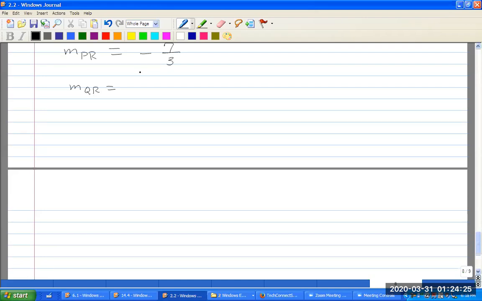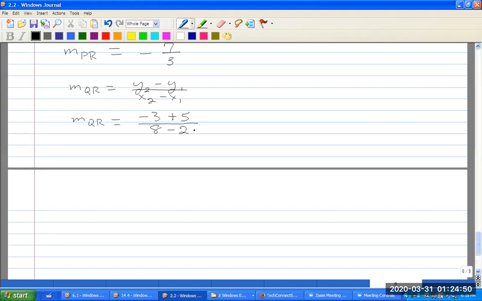So again, we'll do y2 minus y1 over x2 minus x1. So the slope of the line through Q and R is negative 3 minus a negative 5 over 8 minus 2.